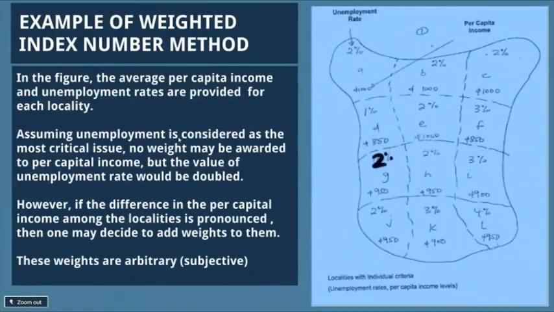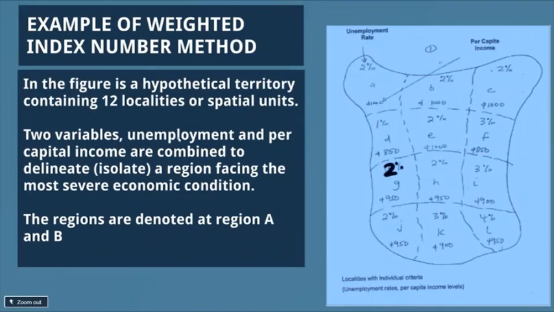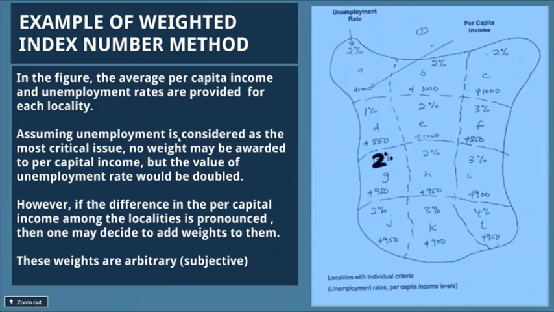In this hypothetical example, we have 12 territories or localities, and the variables we are going to work with are unemployment and per capita income, but we are going to place more weight on unemployment. Afterwards, we would use the output to define this territory into developed or underdeveloped regions. We are going to derive two regions out of this hypothetical territory.